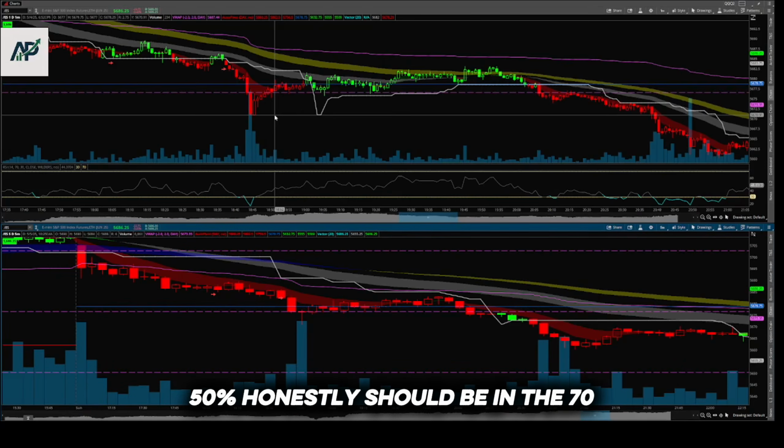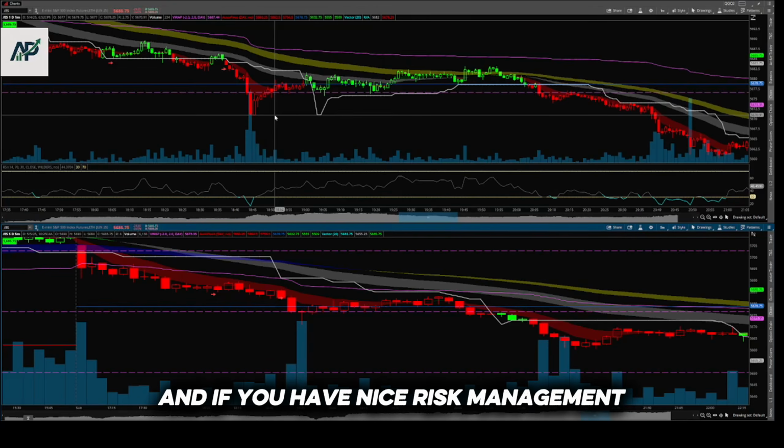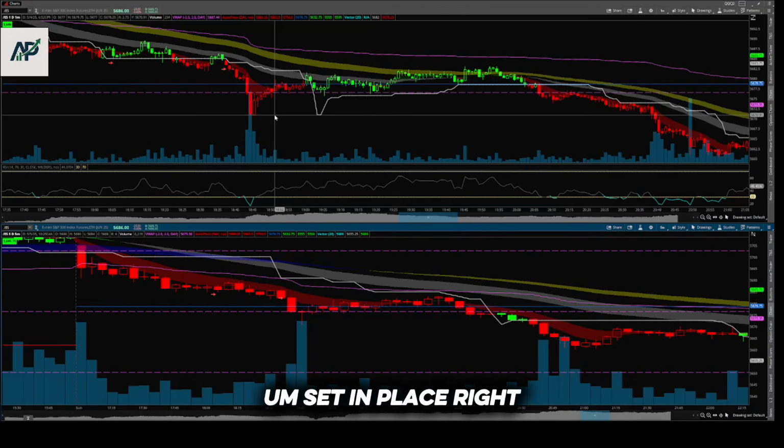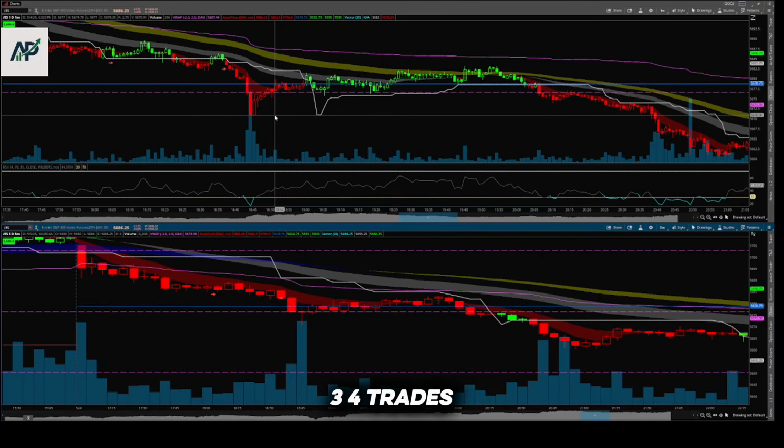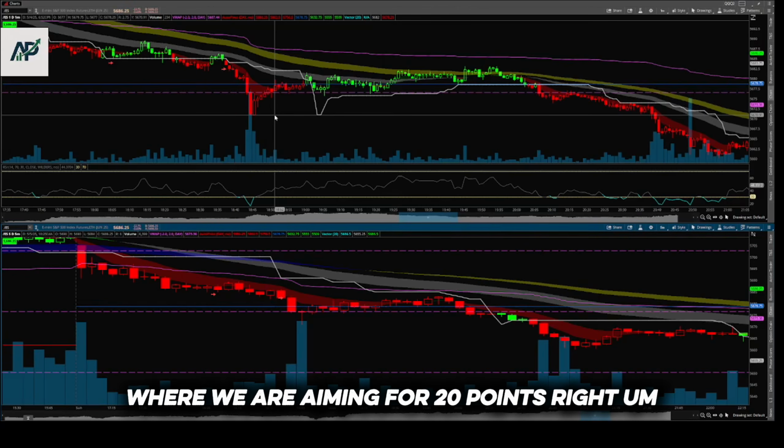Honestly, it should be in the 70-80% range, right? And if you have nice risk management in place, even if you go on a tilt and end up getting stopped out 3-4 trades, the next win likely will recover it all, especially during the RTH session where we are aiming for 20 points, right?